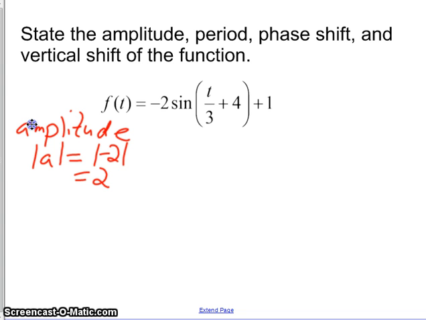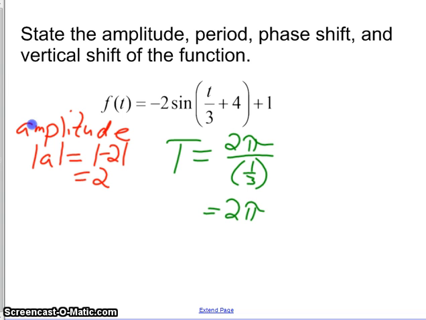Its amplitude is whatever the absolute value of that number is. Period is 2 pi over B. Now, B in this case is 1/3. Right, so I'm going to multiply by the reciprocal of 1/3, which is 3. So the period is 6 pi.